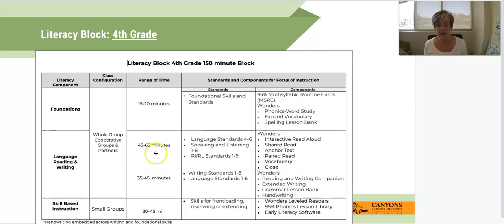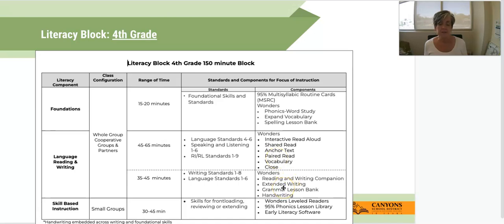Then you will also have about 60 minutes where you are really working with close reading, and you have the interactive read aloud, those 4 pieces of text to work with vocabulary and close reading. You'll see also this little dotted line. This is to show you that you also have time for writing, another 35 to 45 minutes, where you're working in some components of Wonders, the Reading Writing Companion, which has embedded writing with these 4 pieces of text.